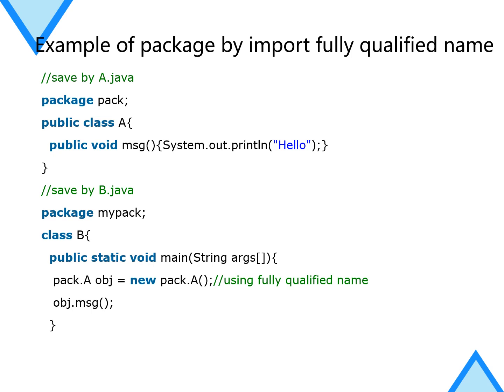The output of this program will be similar to the previous one, but here the method of importing the package is different, and we don't need the word import. So this is the output of this program.